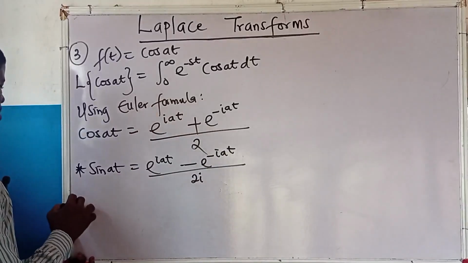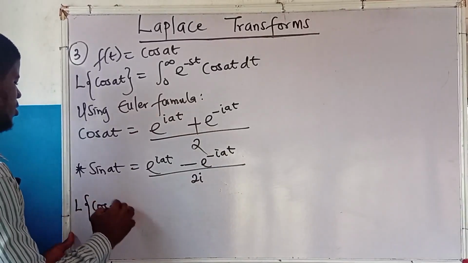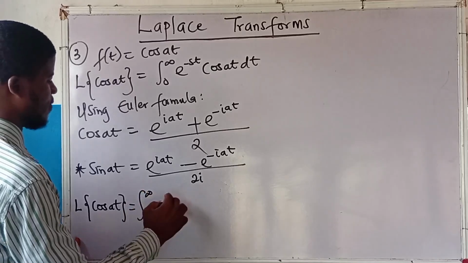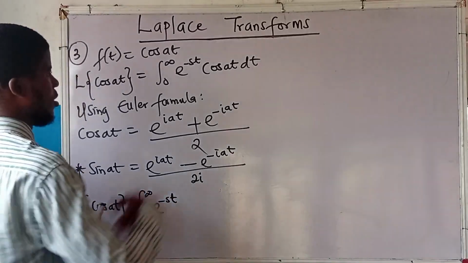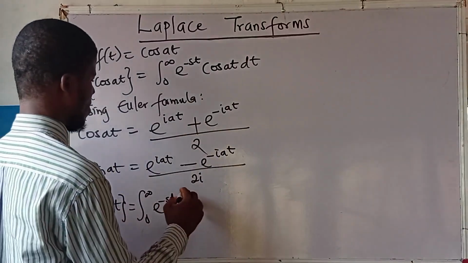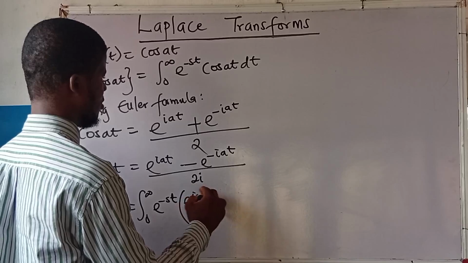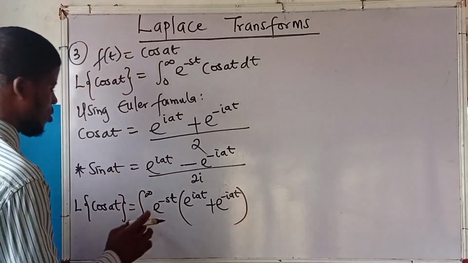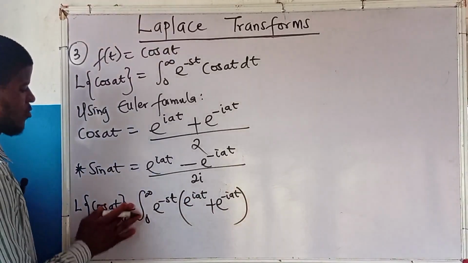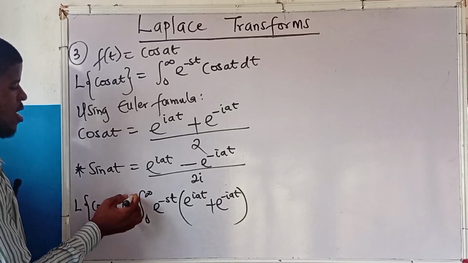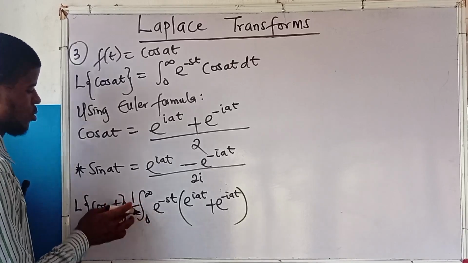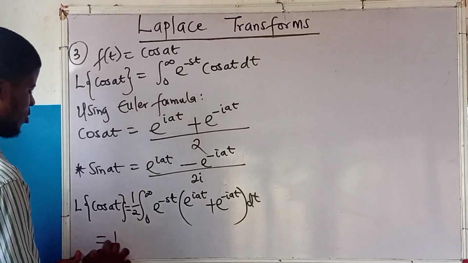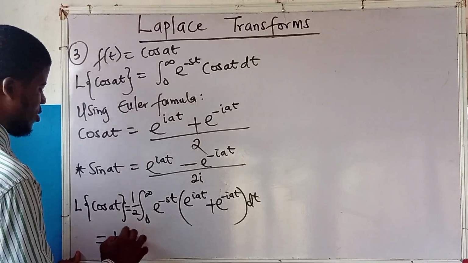So the Laplace transform of cos at is the integral from 0 to infinity of e to the power of minus st. Now cos at is this, e to the power of iat plus e to the power of minus iat, all over 2. I'll bring my constant out as 1 over 2. You get it? dt. So let's expand this bracket: 1 over 2 into the integral from 0 to infinity.